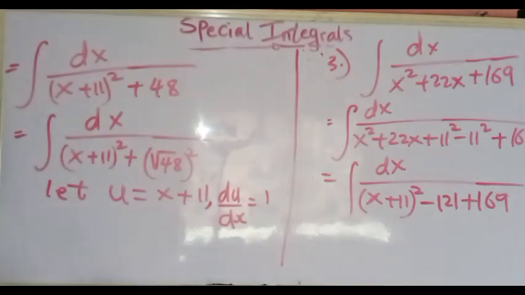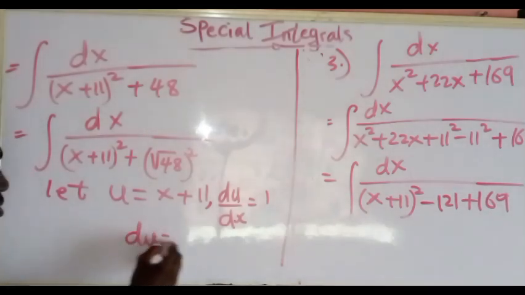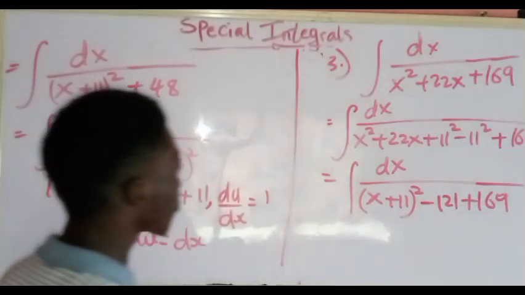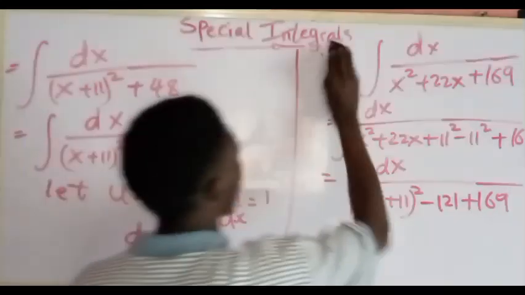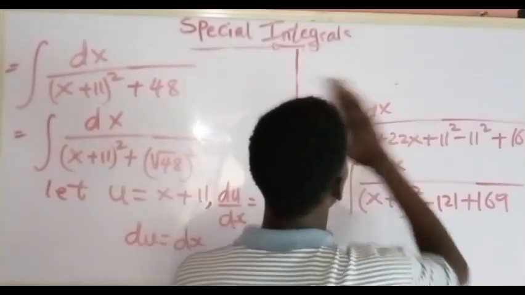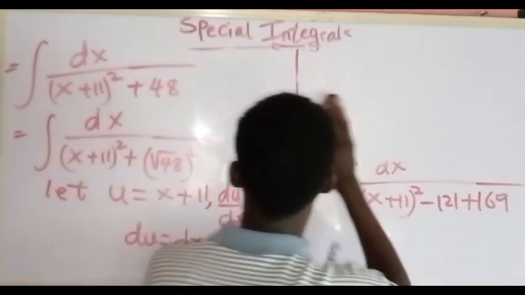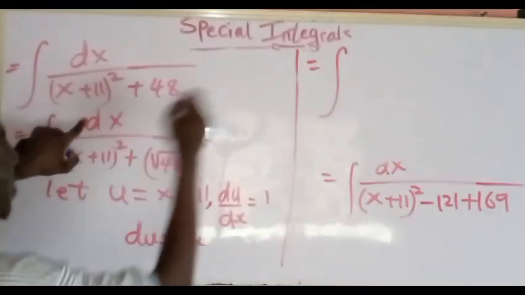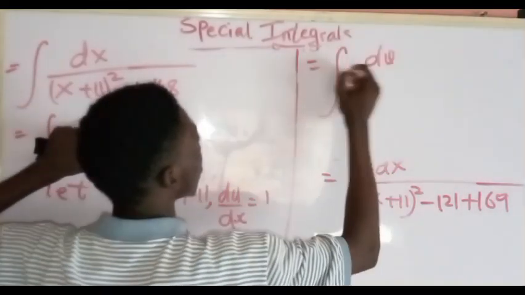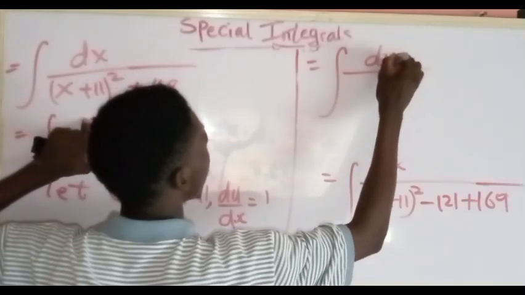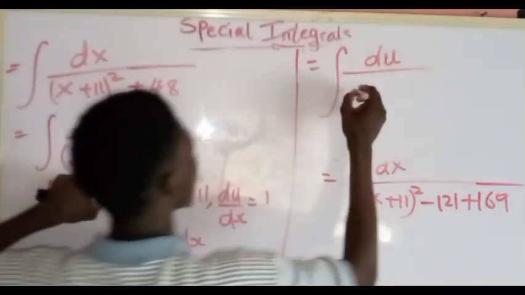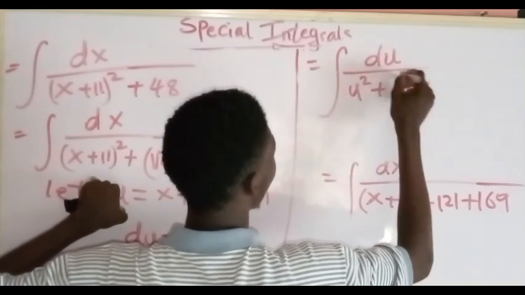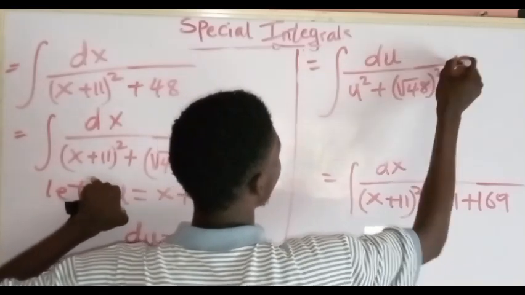That means my du is equal to my dx, because I multiply this dx by 1. Then from there, my integral, so my dx here becomes du, here becomes u squared, and here becomes the square root of 48 squared.